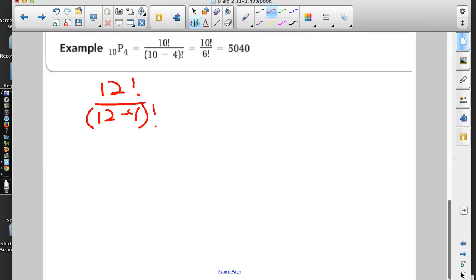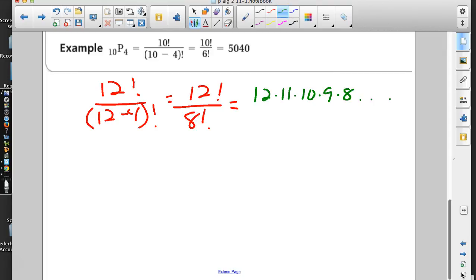So this would really be 12 factorial over 8 factorial, which makes sense if you see it in expanded form, because this would be 12 times 11 times 10 times 9 times 8 dot dot dot over 8 times 7 times 6 times 5 dot dot dot.